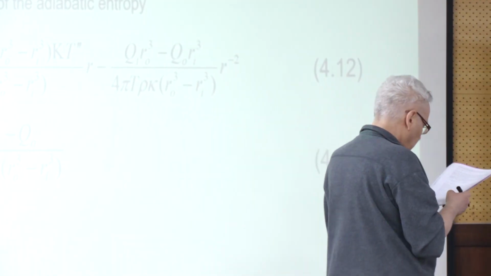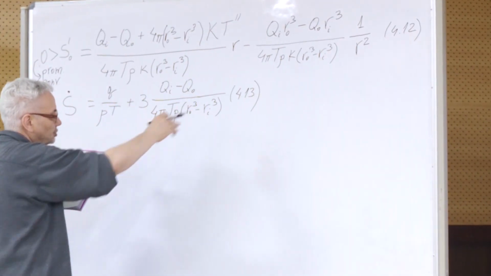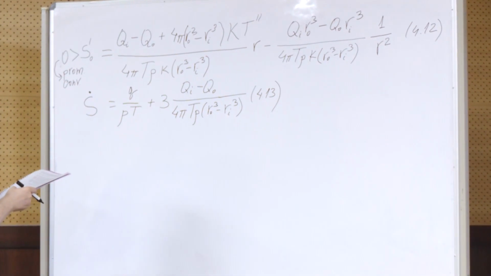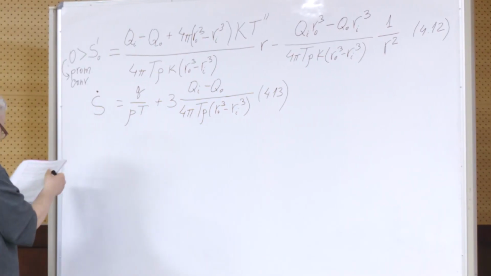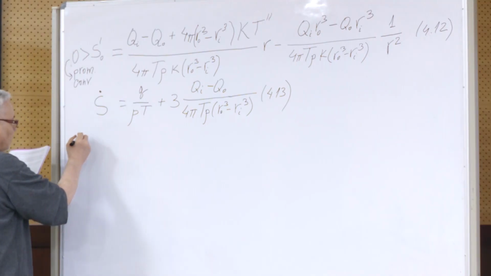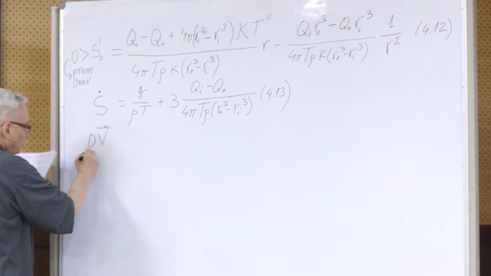So let's write down the final equations. Here is the equation for the source. Now let's write down the final equations themselves. Okay, there's enough space here. Of course, first comes the Navier-Stokes equation. Not so many changes in it.